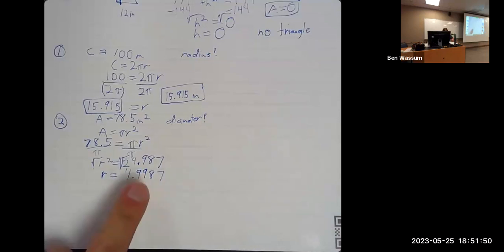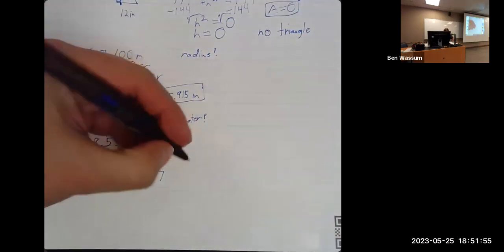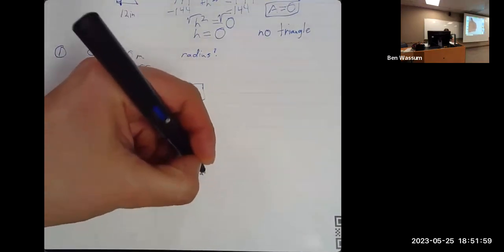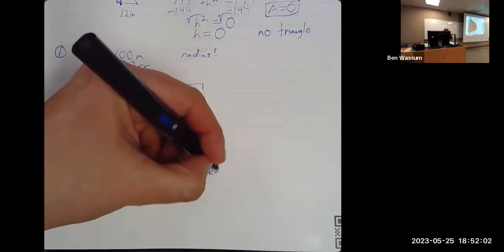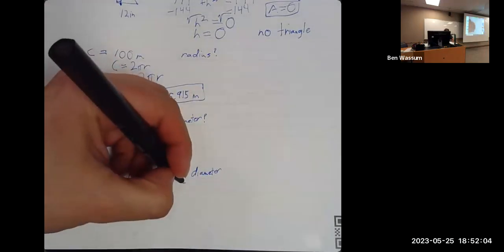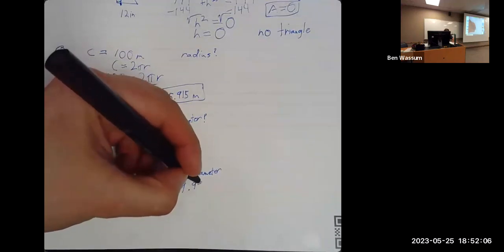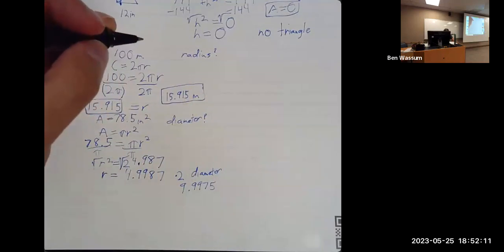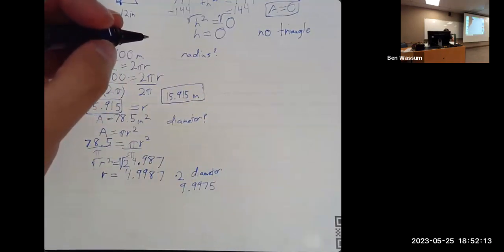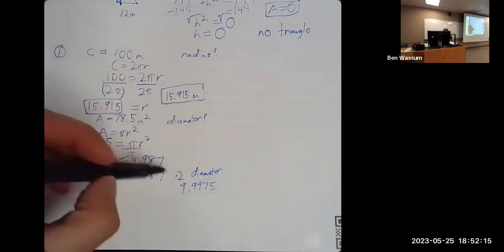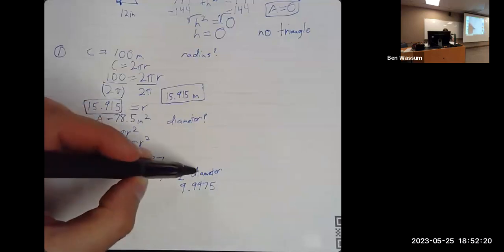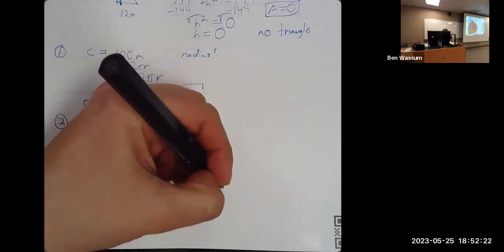So if I double that, then that'll give me the diameter, which is going to be 9.9975. Again, going back to our units, our units were originally in inches squared. This is a distance, so this is now in inches.